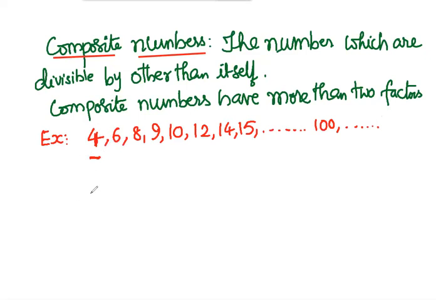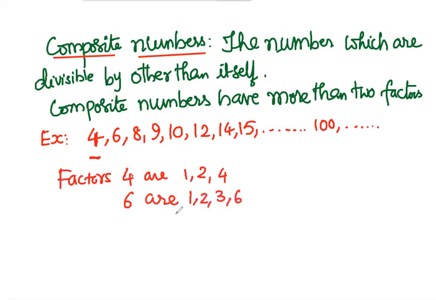Now let us write the factors of these numbers. Factors of 4 are 1, 2, 4. 1 divides 4, 2 divides 4, 4 divides 4. Factors of 6 are 1, 2, 3, 6.